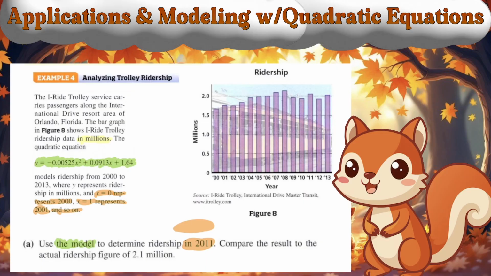We're going to use x equals 11. Compare the results to the actual ridership figure of 2.1 million. So they actually told it to us. We didn't have to look in the table.